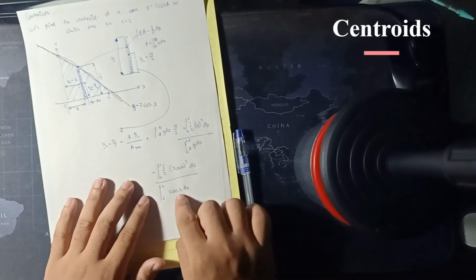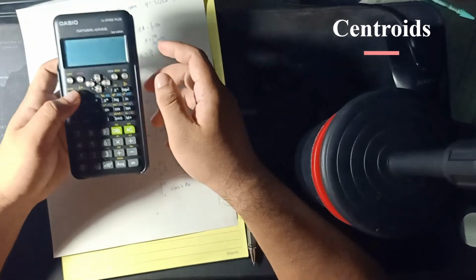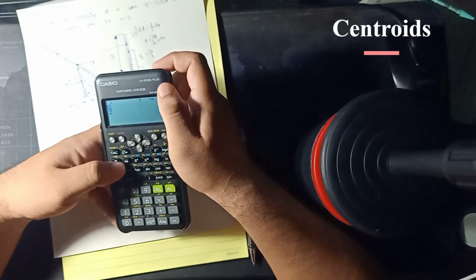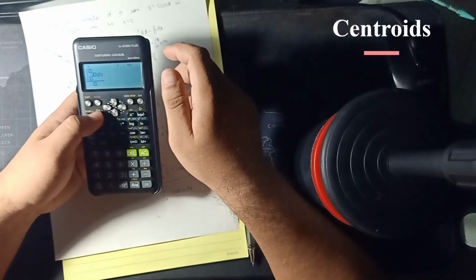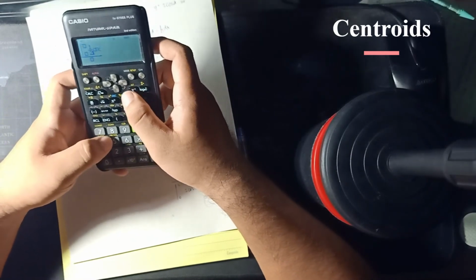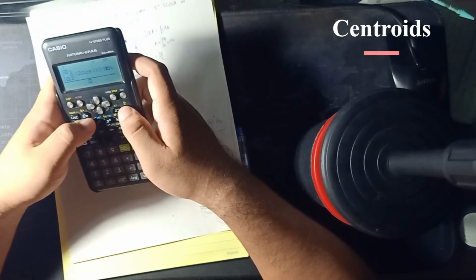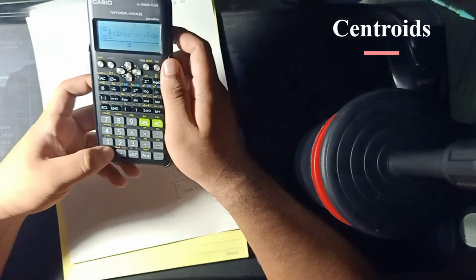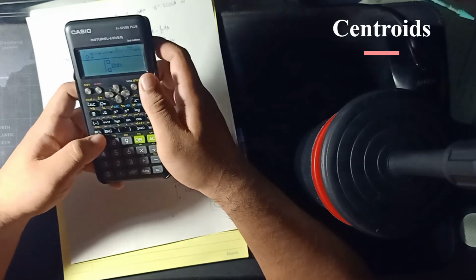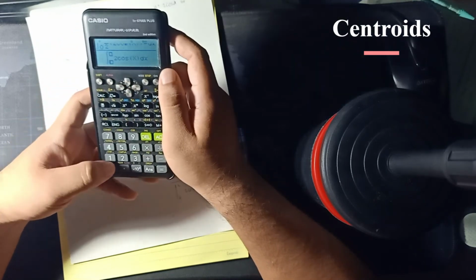And you could actually now input this in your calculator. So when I put that in my calculator, let's first put the fraction. Let's first input the numerator here. This would be now 1/2 multiplied by (2 cosine x) squared with limits from 0 to 2, over the integral of 2 cosine x with limits from 0 to 2.